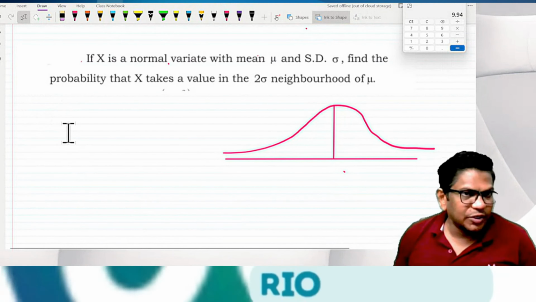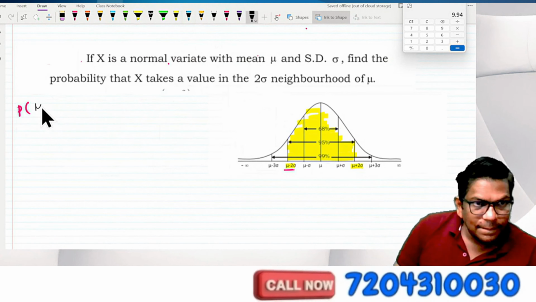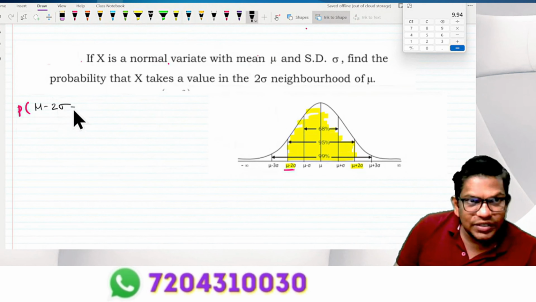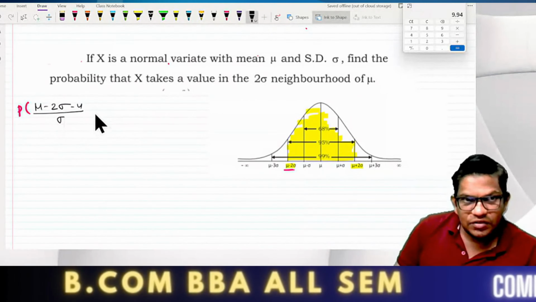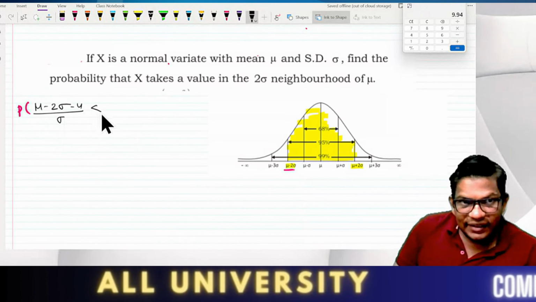Now what is next, sir? Very simple. We have P of mu minus 2 standard deviation minus mu divided by standard deviation, this one neighborhood, and next this is between, correct?